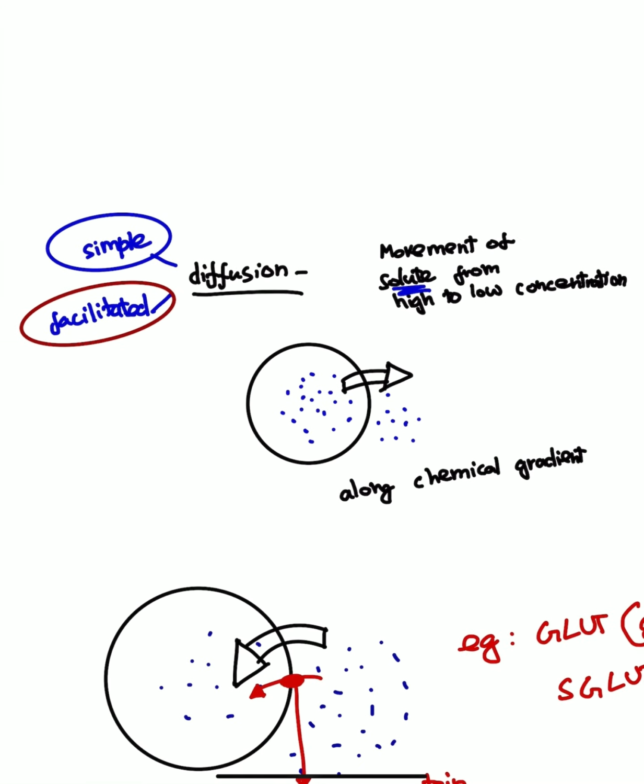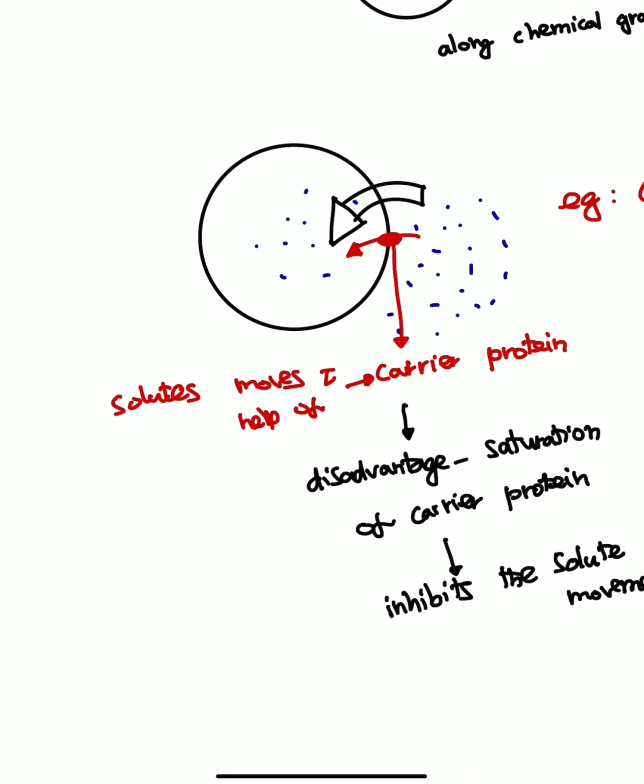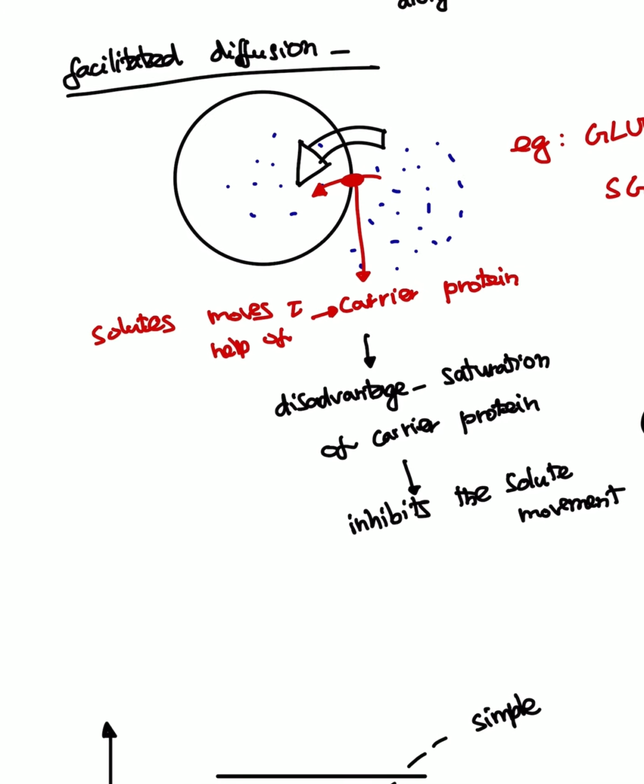So to recap, diffusion is basically movement of solutes from high concentration to low concentration along the concentration gradient. There are two types, simple and facilitated. Facilitated diffusion is the process which requires the presence of carrier protein in the cell membrane.